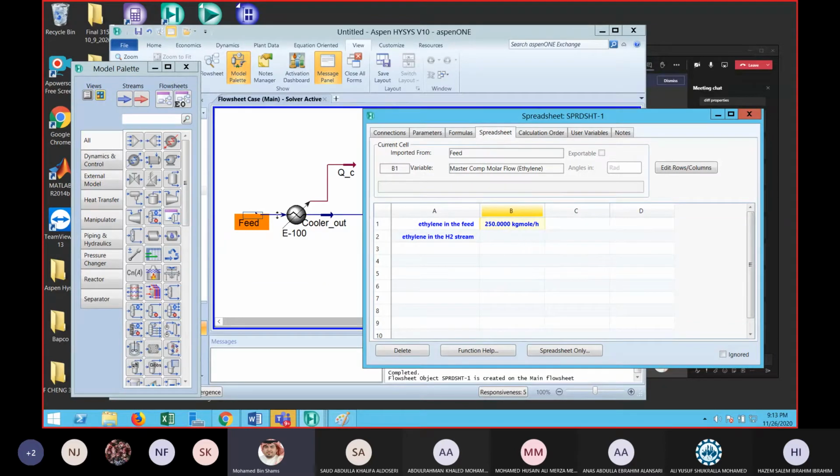So this is the value that has been imported from here to here.